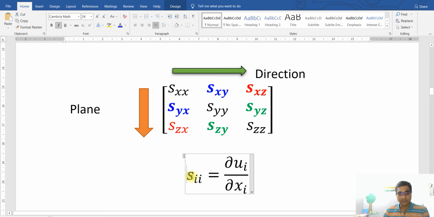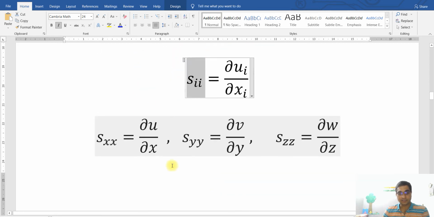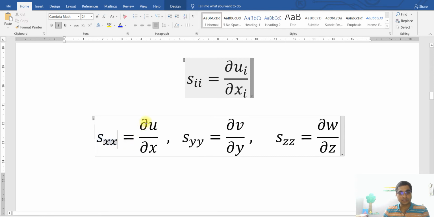So linear deformation can be represented as S_ii is equal to ∂u_i/∂x_i. What does it mean? It means S_xx is equal to ∂u/∂x, S_yy is equal to ∂v/∂y, S_zz is equal to ∂w/∂z.